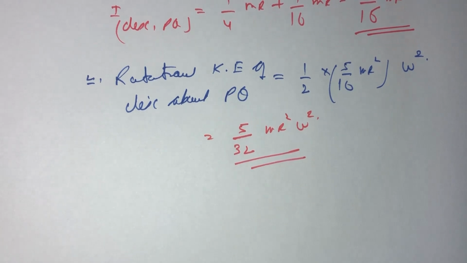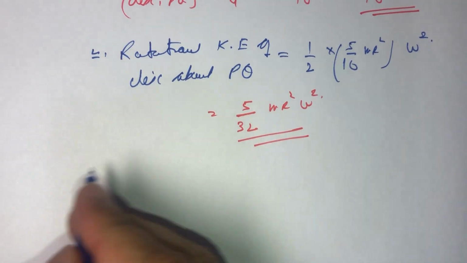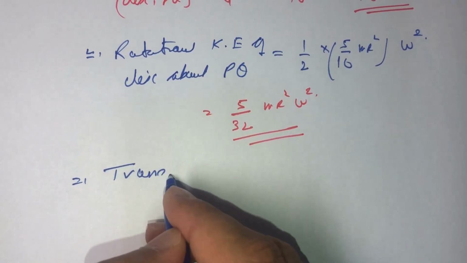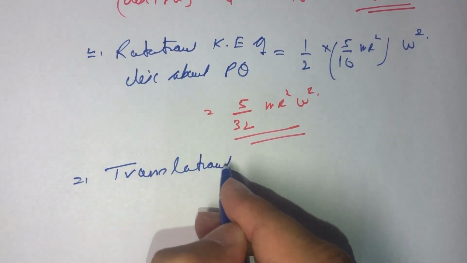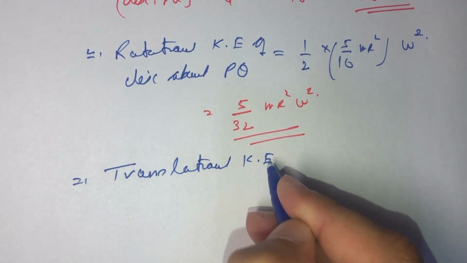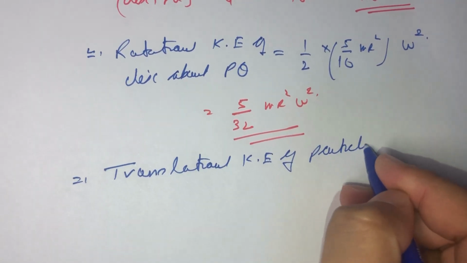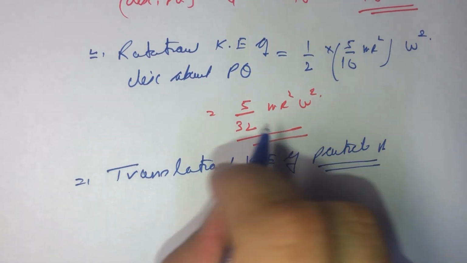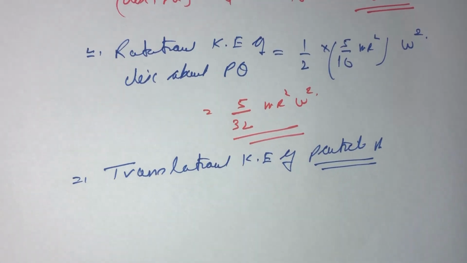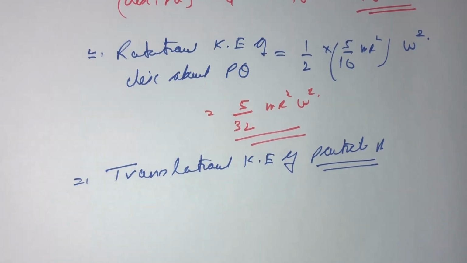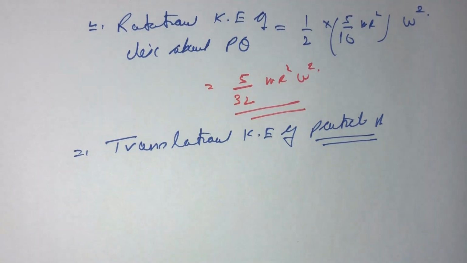Now we are going to find the translational kinetic energy of particle A. Let its linear speed be VA.